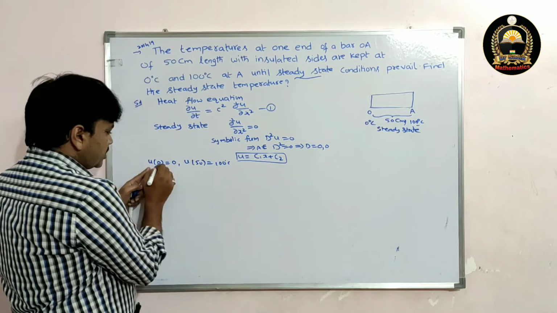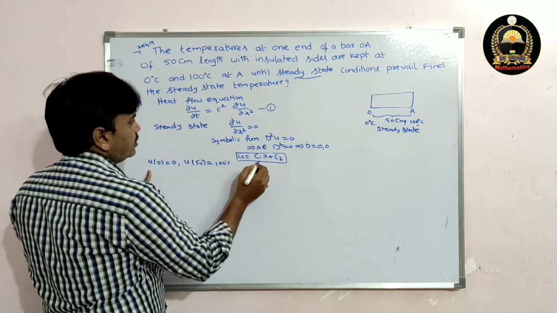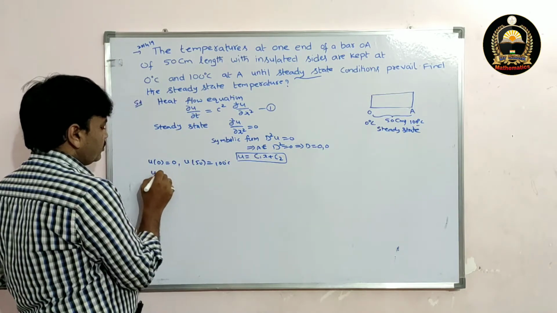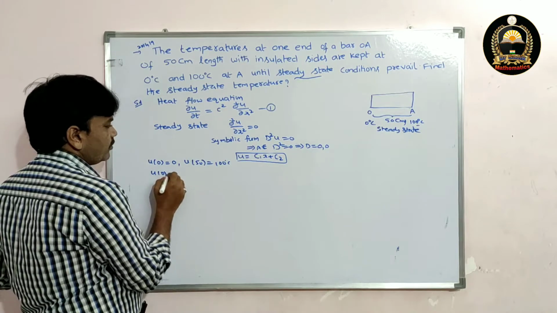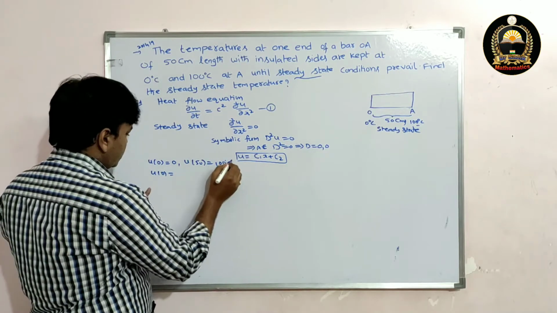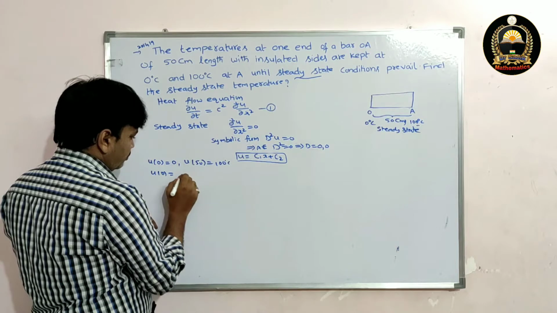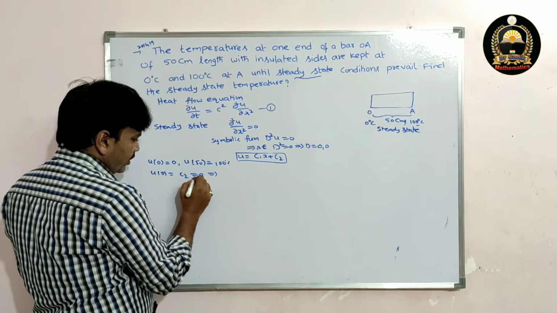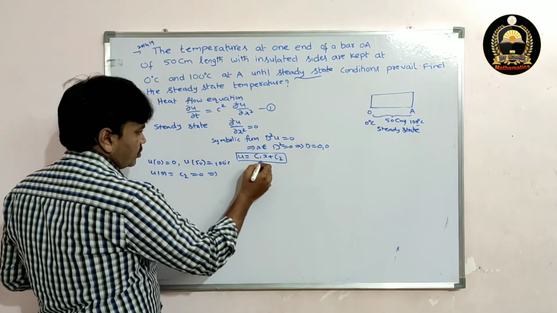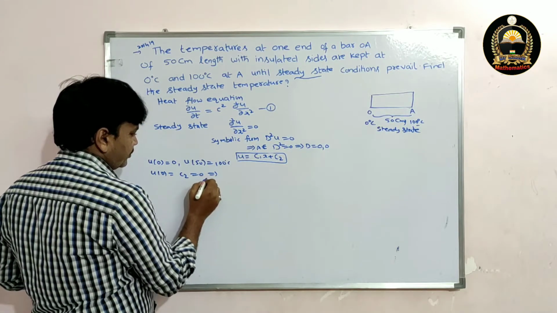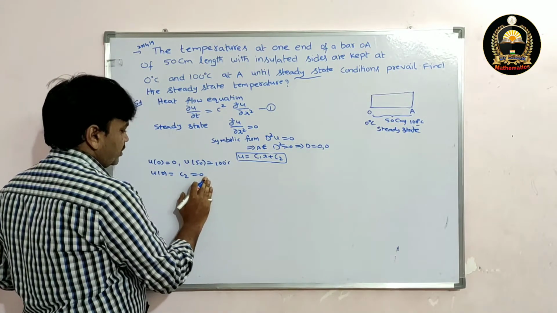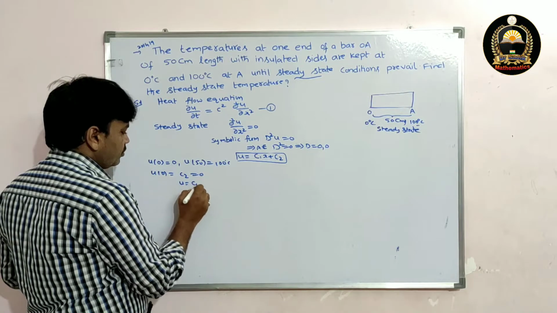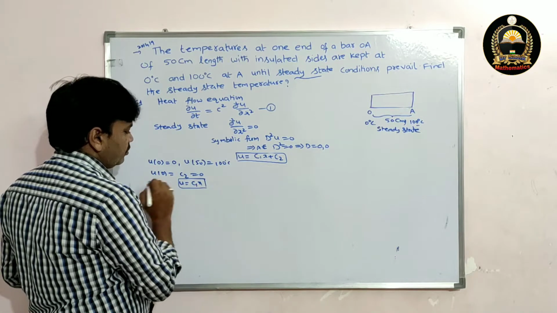Now I want to substitute these conditions here. So u of 0 is equal to 0 into C2, so this value is equal to 0. That means C2 value is 0. So this equation becomes U is equal to C1x.